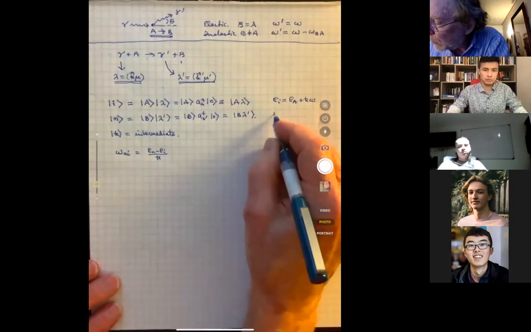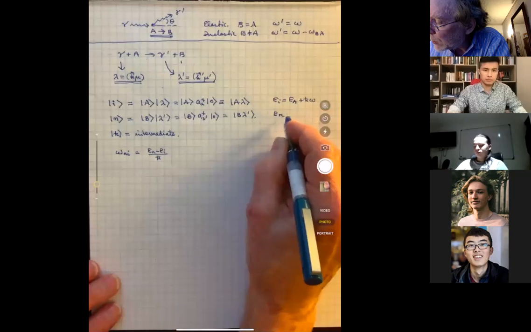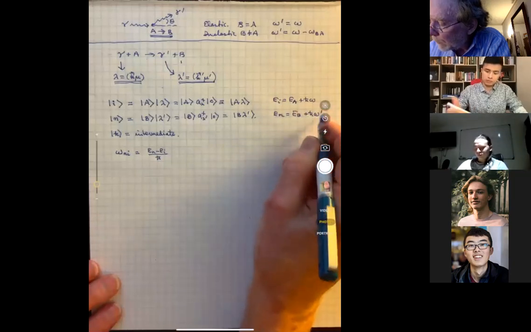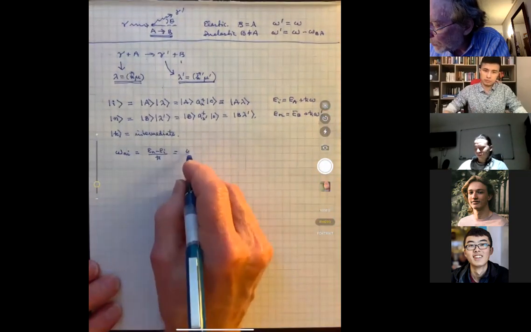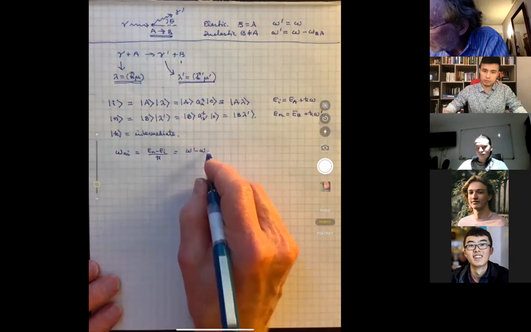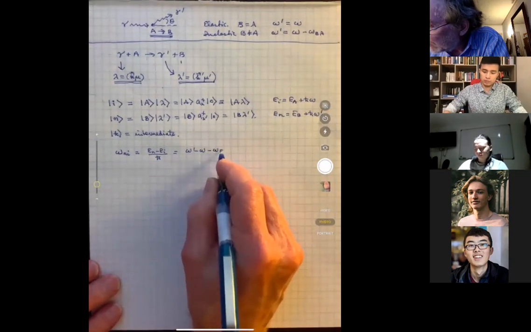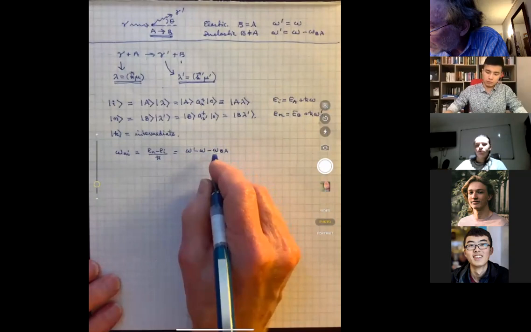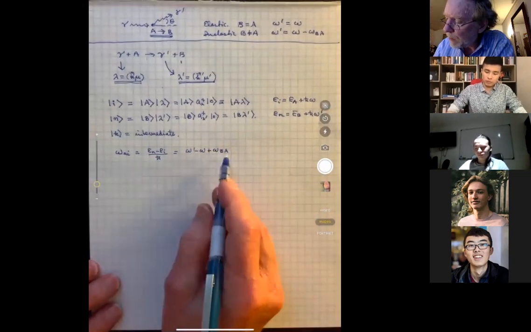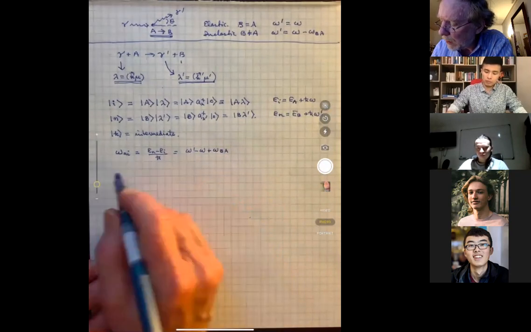And the final energy, En in this case, is equal to EB plus h bar omega prime. And so this is equal to omega prime minus omega plus omega BA. The initial energy is equal to omega prime plus omega BA. All right, so this is the omega ni for this problem.